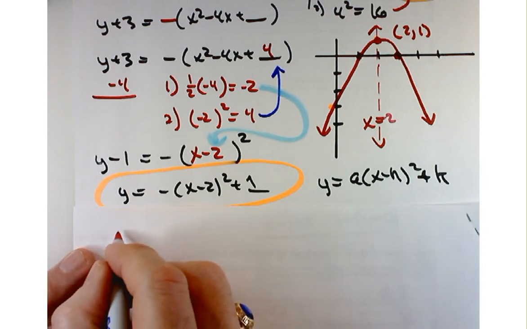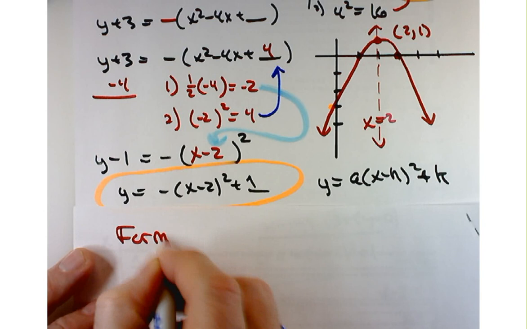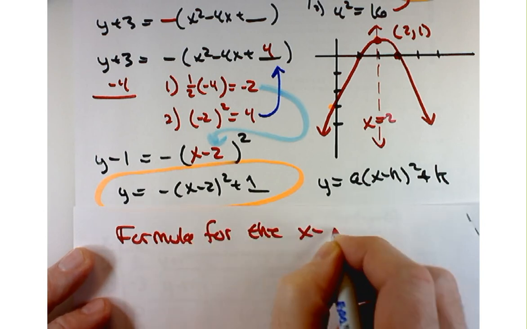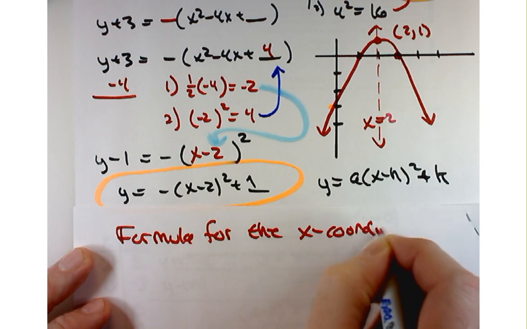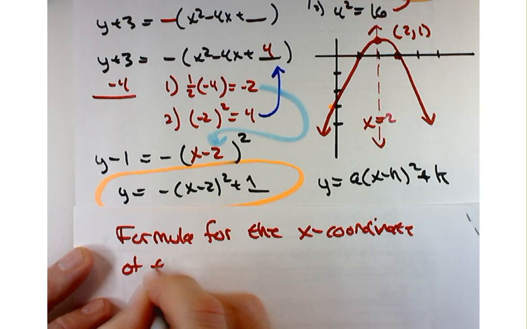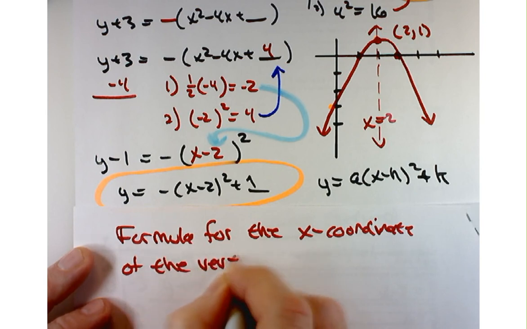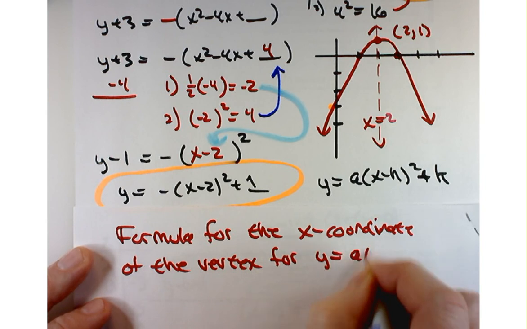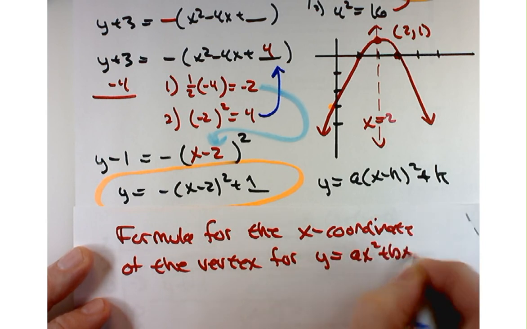So there's a formula for the x coordinate of the vertex for y equals ax squared plus bx plus c.